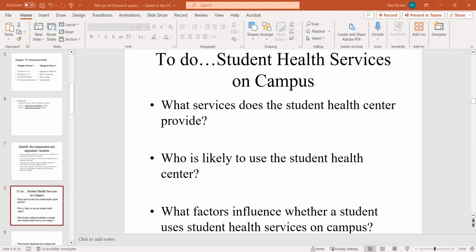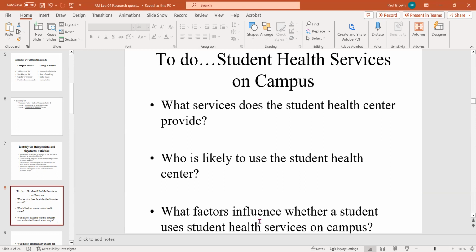So things along this line, okay? Okay, so now we've talked about what type of factors are going to be most likely.